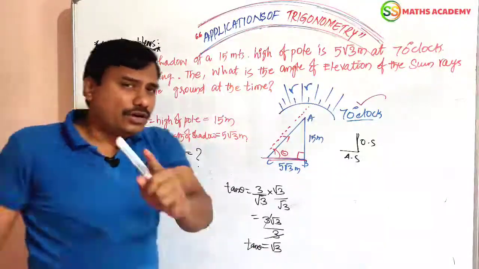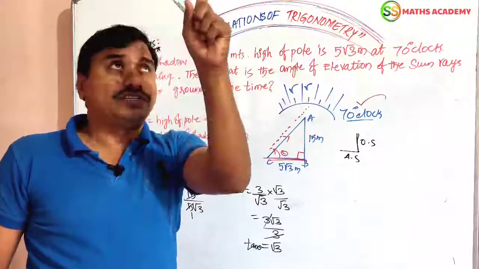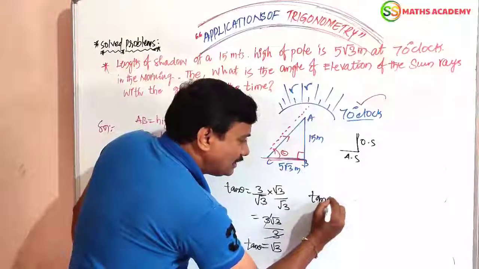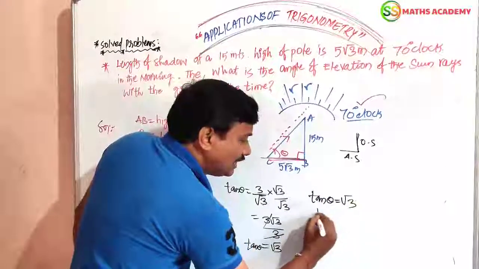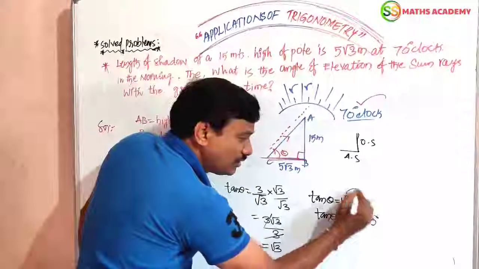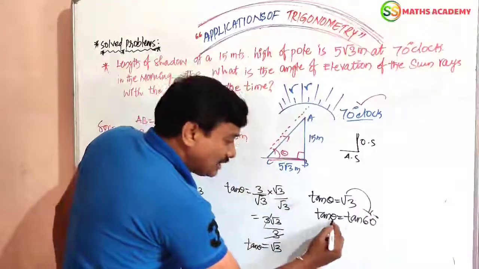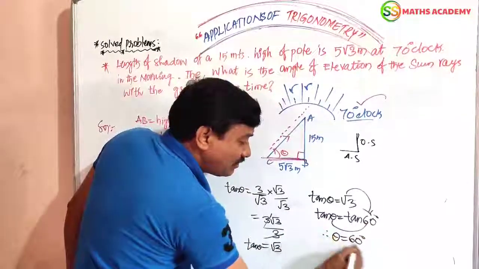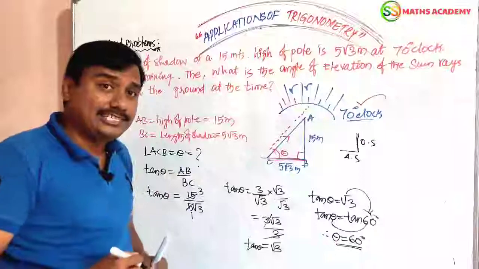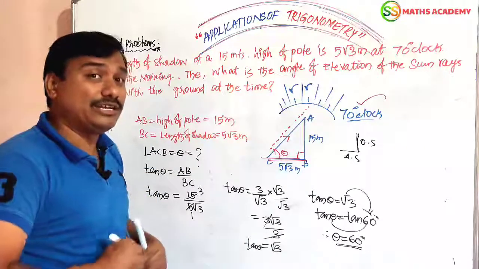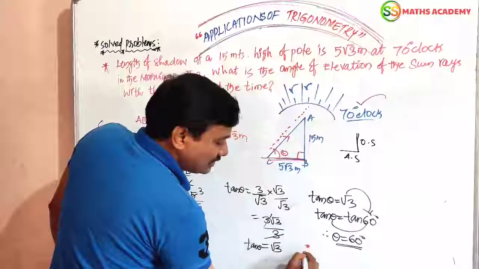Yes, got it. We have tan theta equal to root 3. Yes, 60 degrees. Very nice. Tan theta equals root 3. Tan theta equals tan 60. Yes, root 3 value is nothing but tan 60. Now comparing these two, we get the tan theta value as 60. Theta is 60. Therefore, we have to give the conclusion.